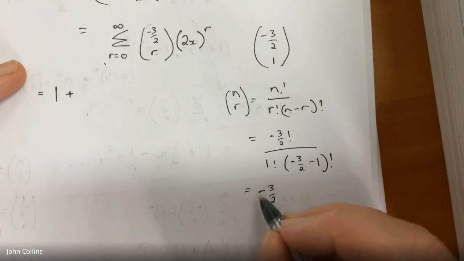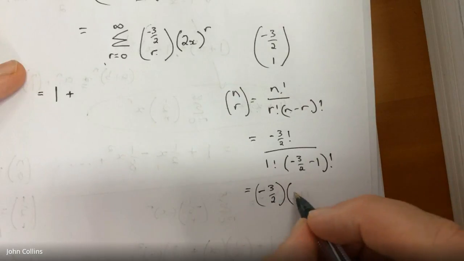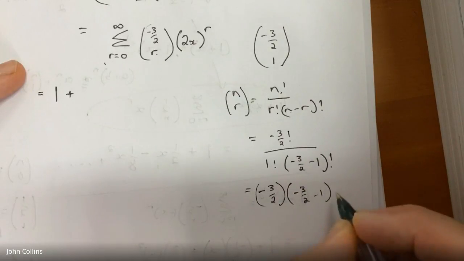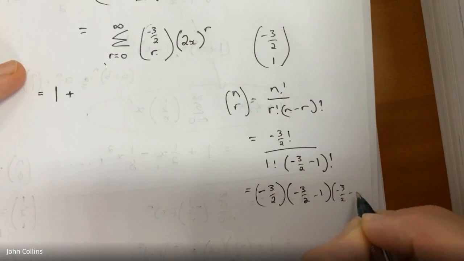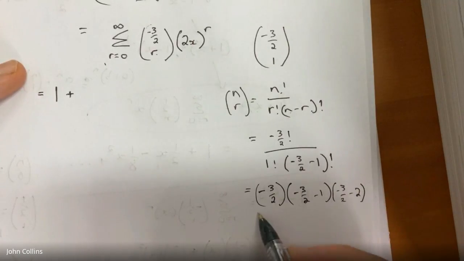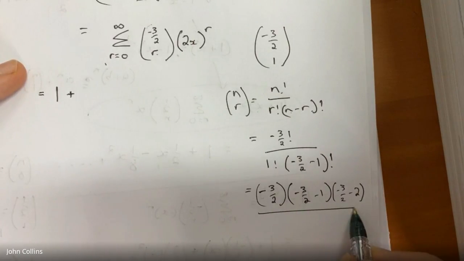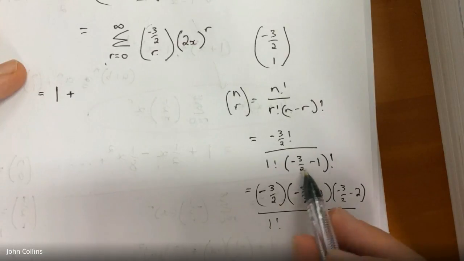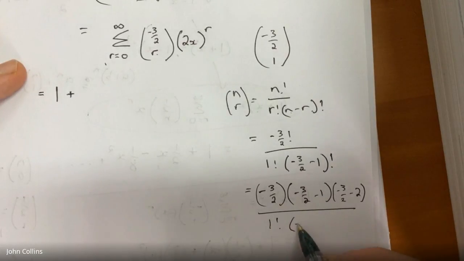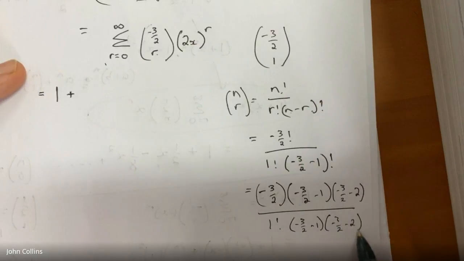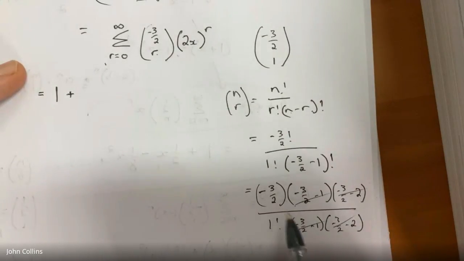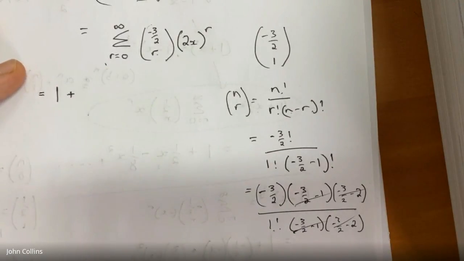So that'd be that times minus 3 over 2 minus 1 times minus 3 over 2 minus 2, and so on, all over 1 factorial, and then this is going to be minus 3 over 2 minus 1 times minus 3 over 2 minus 2. So just keep taking away 1. So they're going to cancel out. So what we're left with is just minus 3 over 2 over 1 factorial, which is just minus 3 over 2.